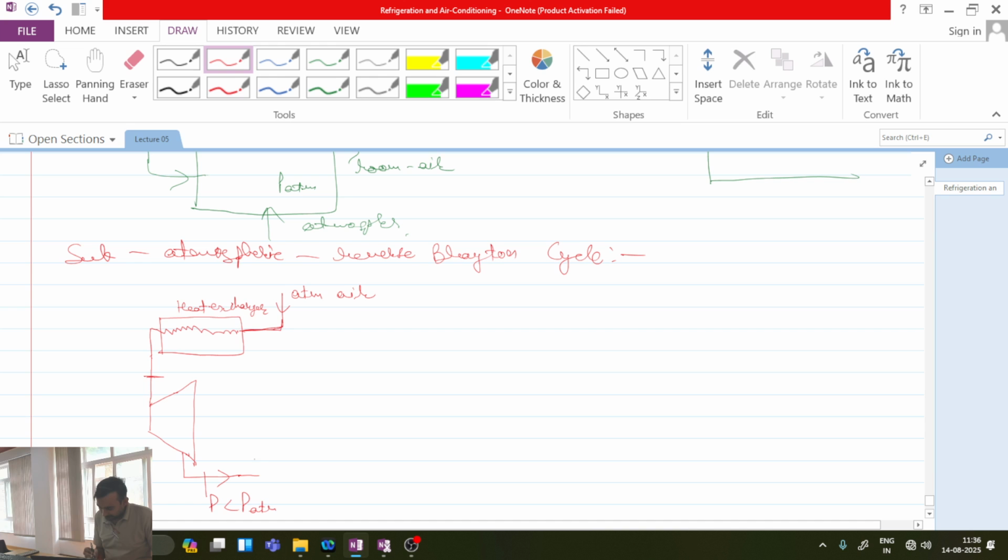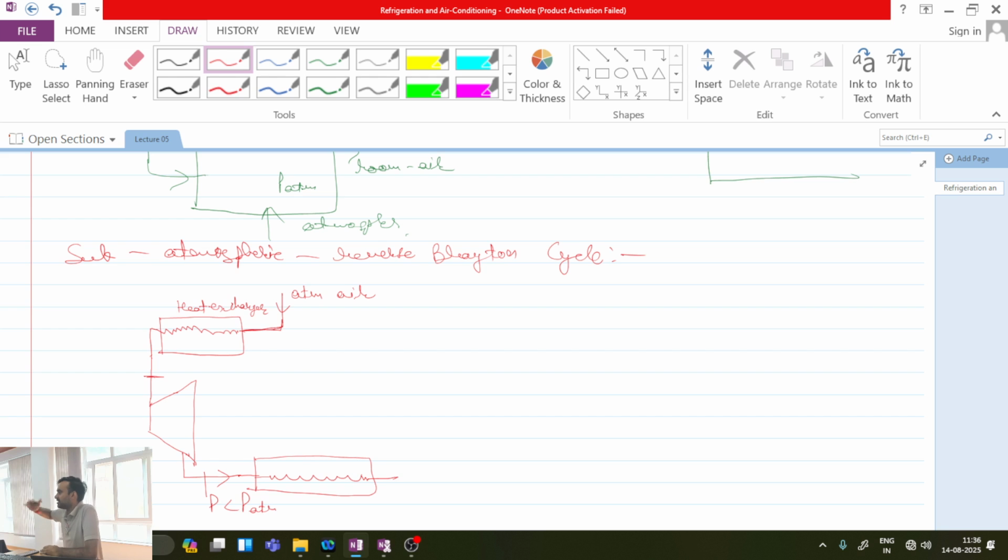Now I will be having a low pressure heat exchanger. In this low pressure heat exchanger, what will be happening? Its temperature will be slightly decreasing because it will be gaining heat from the refrigerated space. All are clear with this point?